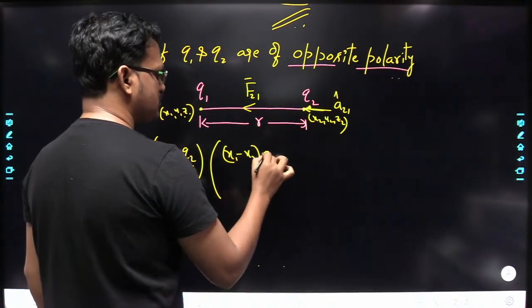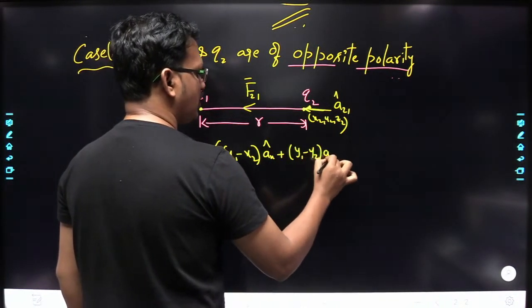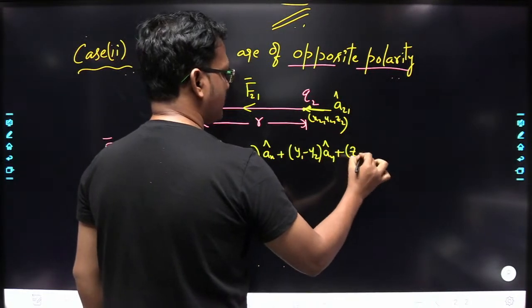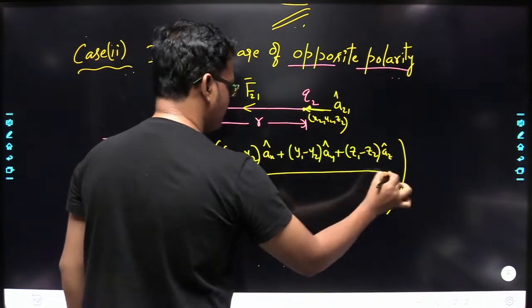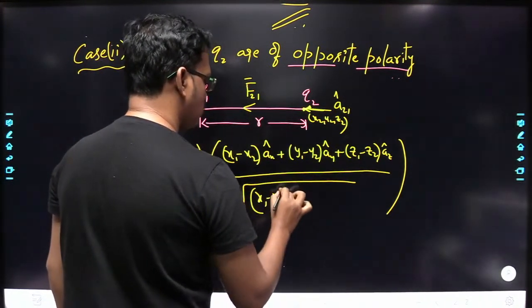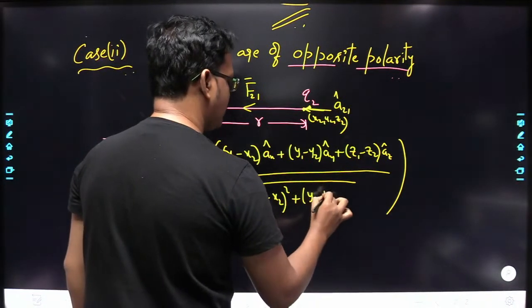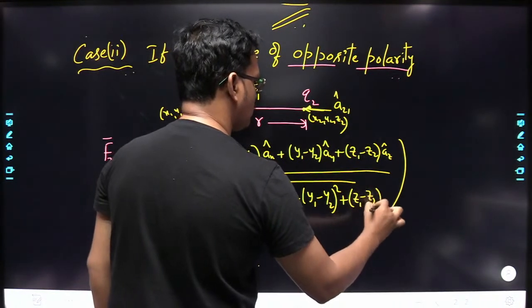So that is (x1 minus x2) ax cap plus (y1 minus y2) ay cap plus (z1 minus z2) az cap, divided by square root of (x1 minus x2) whole square plus (y1 minus y2) whole square plus (z1 minus z2) whole square.